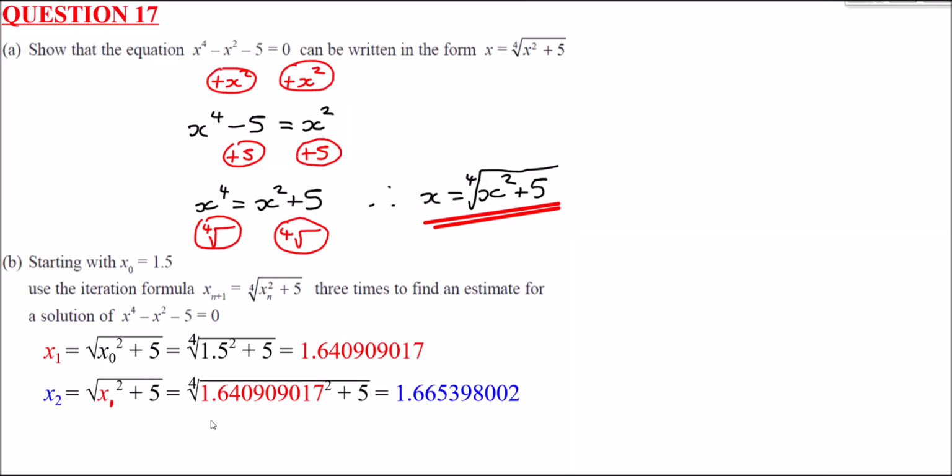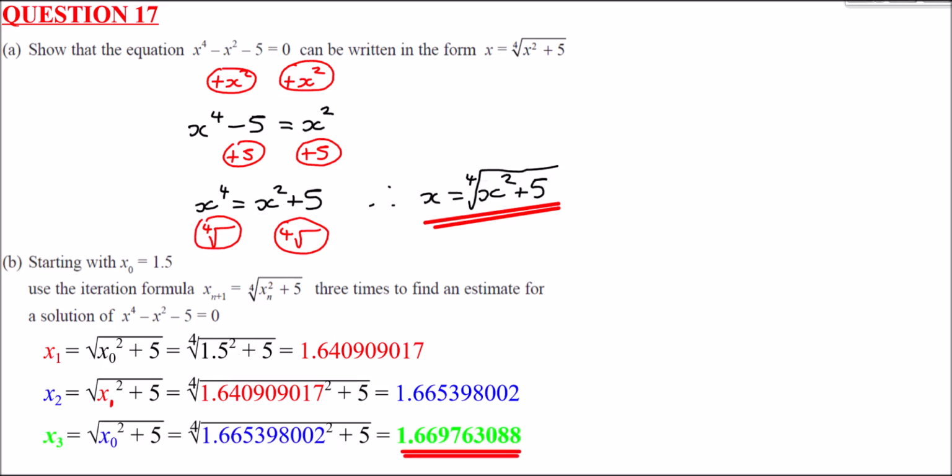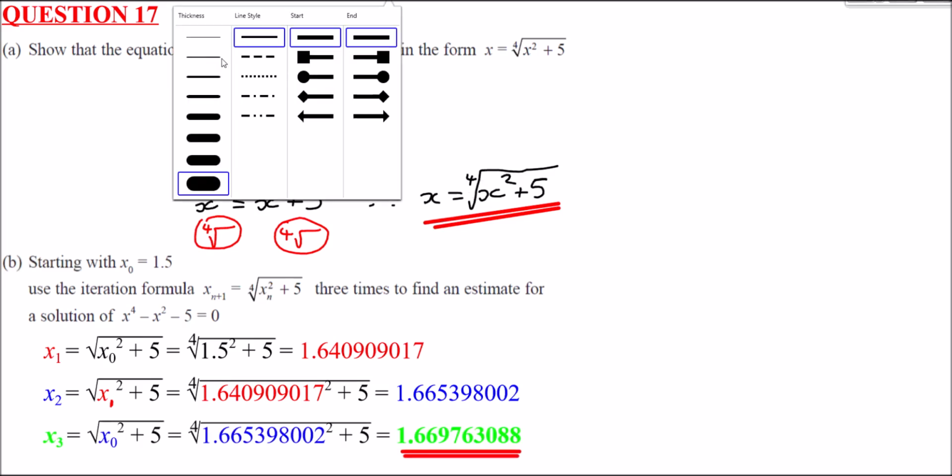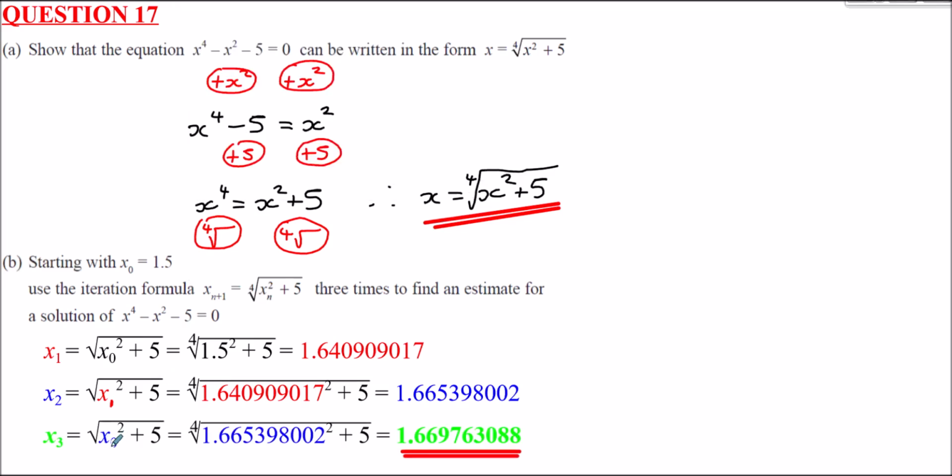So this one, x subscript 3, the very last one, is this value here. And again, annoyingly, I've forgotten to correct that little subscript. I should say x subscript 2. And that's the final answer because we've done it 3 times like the question has asked me to.